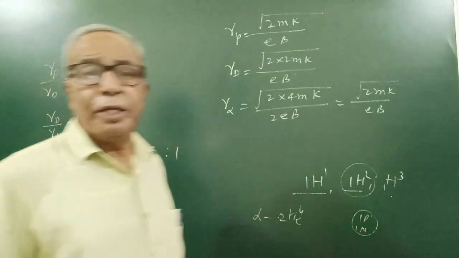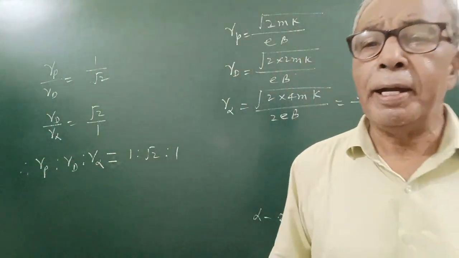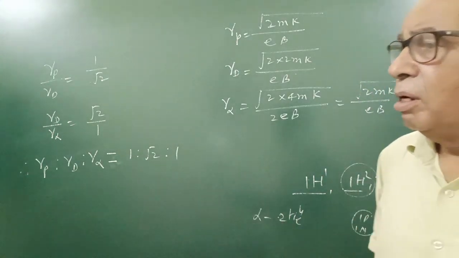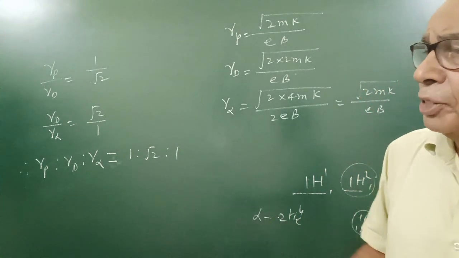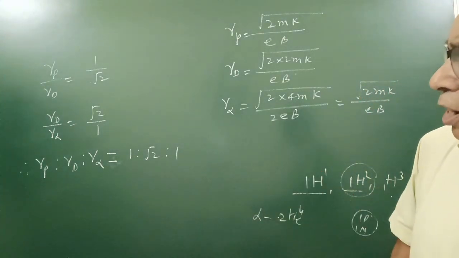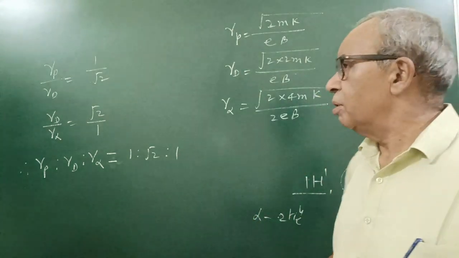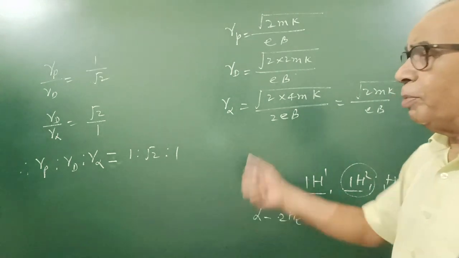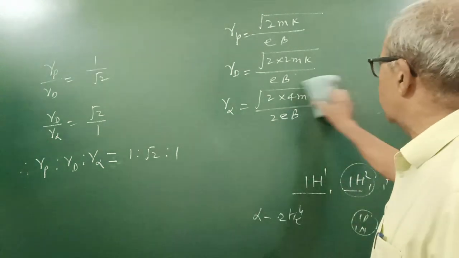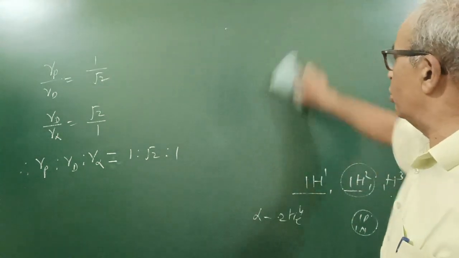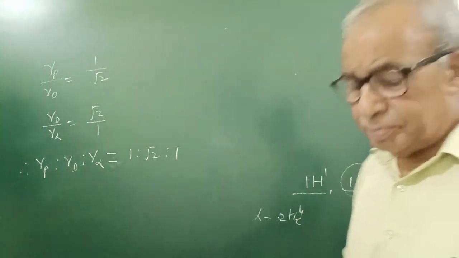So this is a very simple question, and generally in competitive exams and board exams this question is asked. Now you may be given only 2 particles, like proton and neutron, having the same kinetic energy.